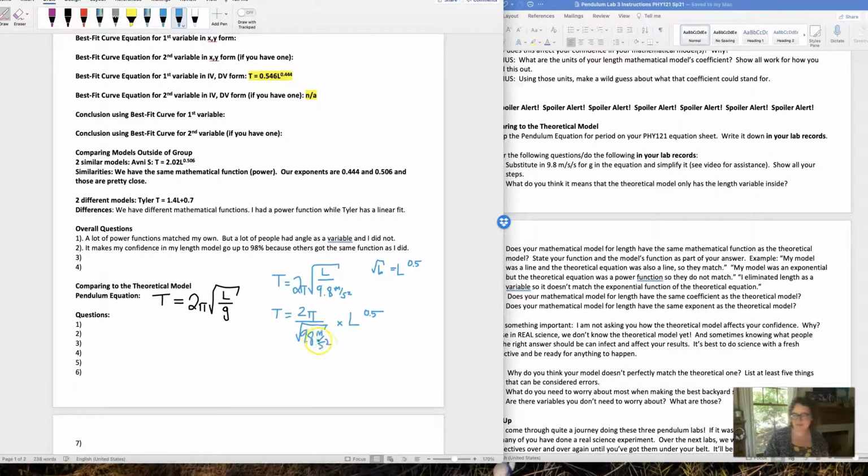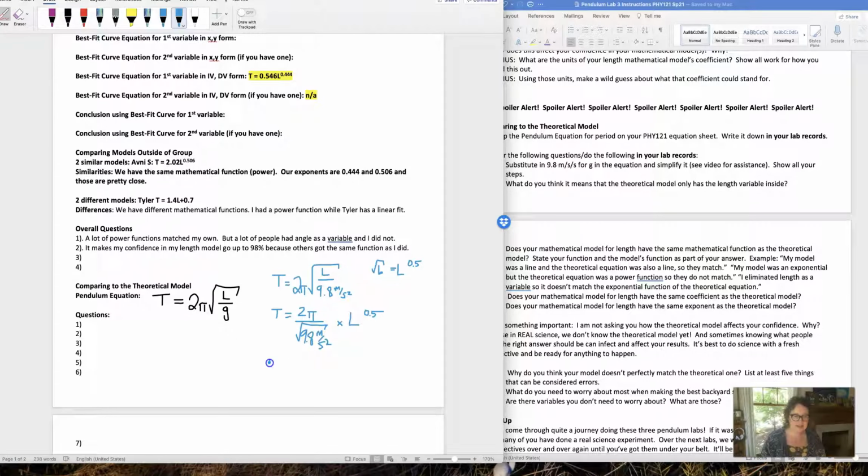Now I'm going to find my calculator here. I'm going to type in 2 pi divided by the square root of 9.8. I'll show you this very old-fashioned, look at my calculator, class. Okay, I ended up with 2.007.